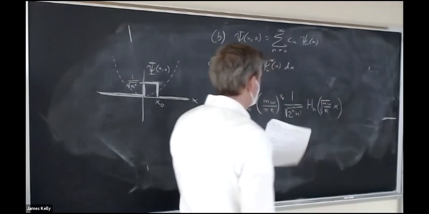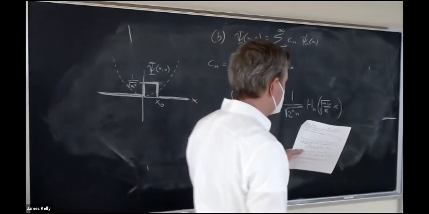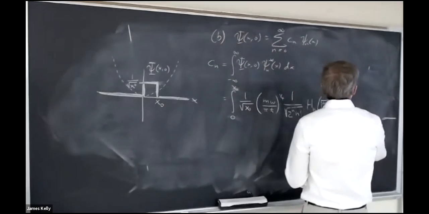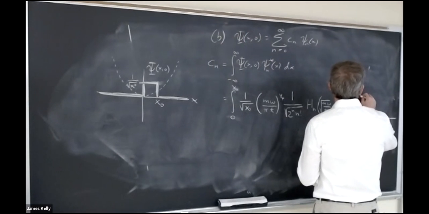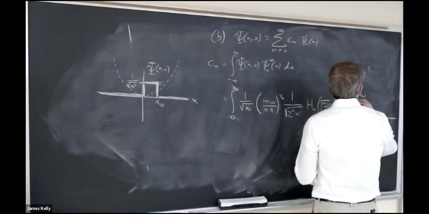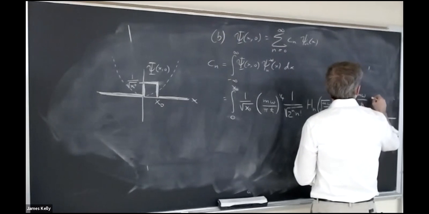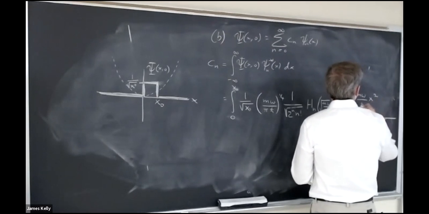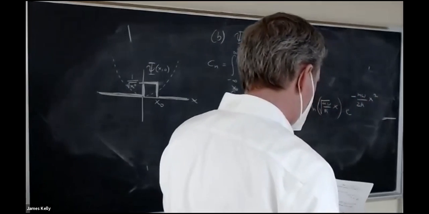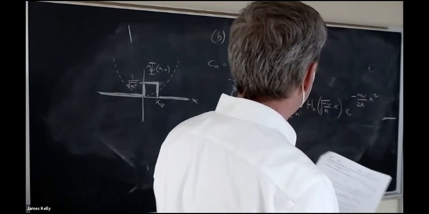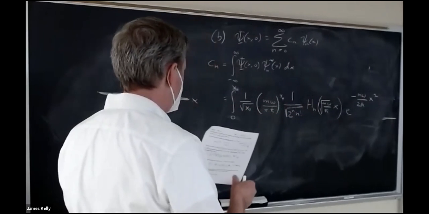So Hn with that thing plugged in everywhere there's a xi, times e to the minus xi squared over 2, which is m omega over h bar times x squared divided by 2, if you plug in what xi is there.